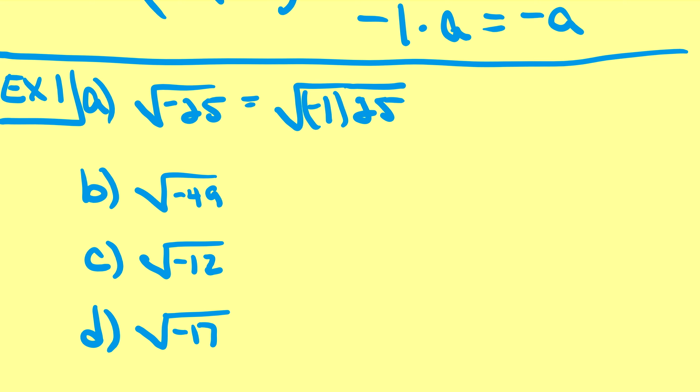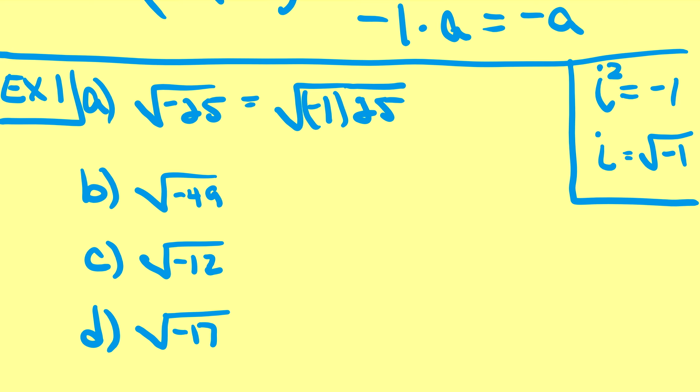And what did we say earlier? That i squared equals negative 1, and therefore i would equal the square root of negative 1, taking the square root of both sides. I like to just keep this with me as my little guide for when I'm doing this problem here. All right, so I got the square root of negative 1. That's going to be i, and i is going to come out front.